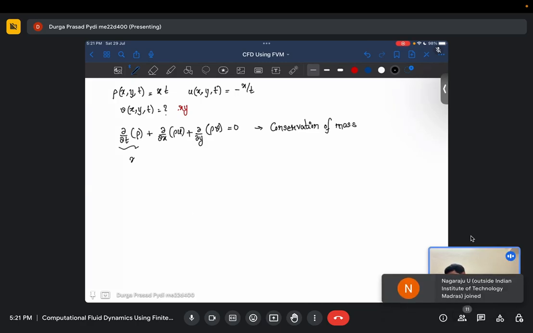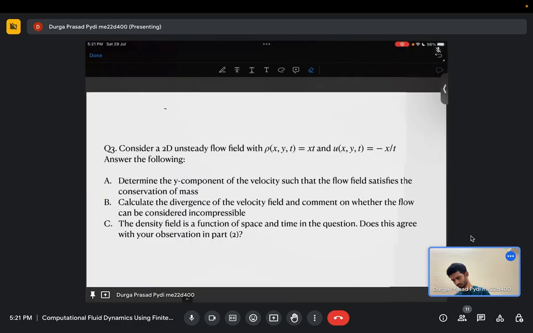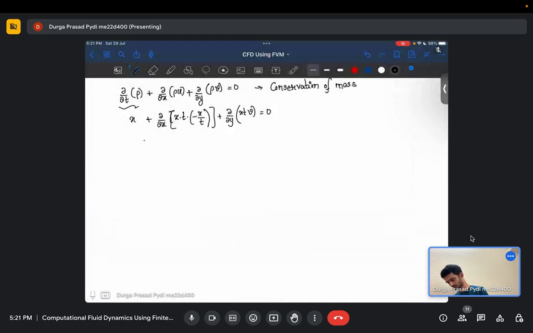Del rho del t is essentially x, plus... since x and t are independent of y, we essentially get del v del y equals 1 by t, which gives you v equal to y by t.